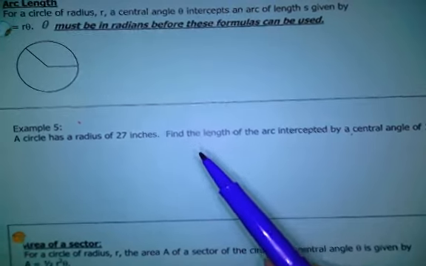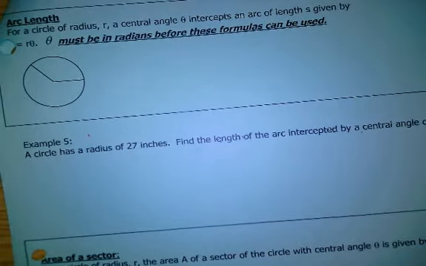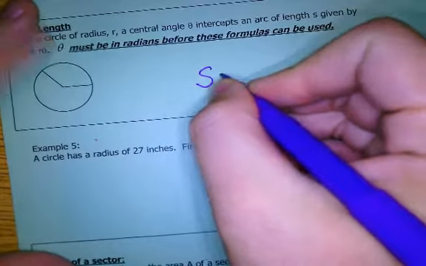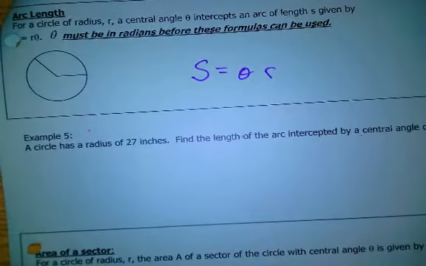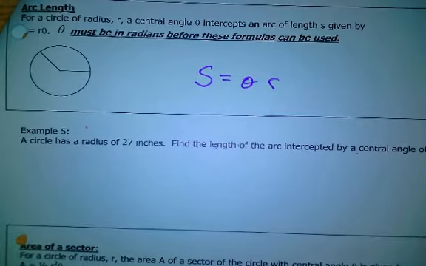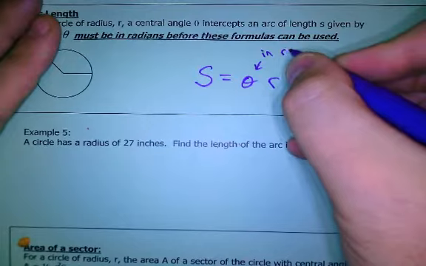Did they seriously have the formula hole punched over? It's okay. I read it this way anyway. S equals theta r. Theta needs to be in radians. Otherwise, you can't measure. Degrees don't help us measure anything in terms of arc length. So it needs to be in radians.